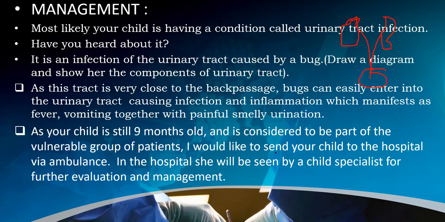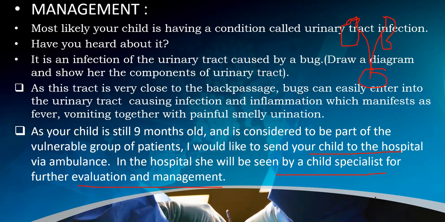group of patients, I would like to send your child to the hospital. In the hospital, she will be seen by a child specialist for further evaluation and management. Now, urinary tract infection in below 1 year old, you always need to send them to the hospital for further evaluation and management.